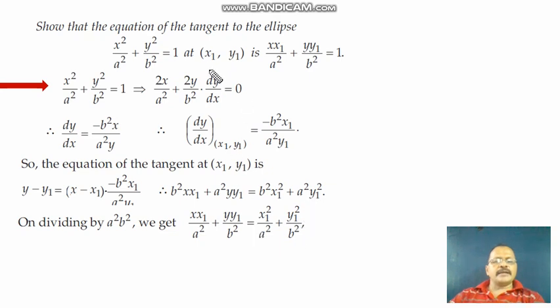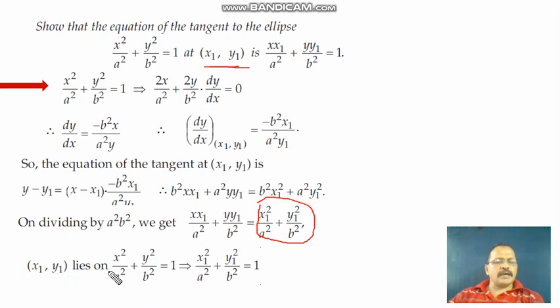Now remember that this point x1 y1 lies on this ellipse x square by a square plus y square by b square equal to 1, and therefore this point must satisfy this equation x1 square upon a square plus y1 square upon b square is equal to 1, and therefore this right hand side becomes 1, and we have the proof.